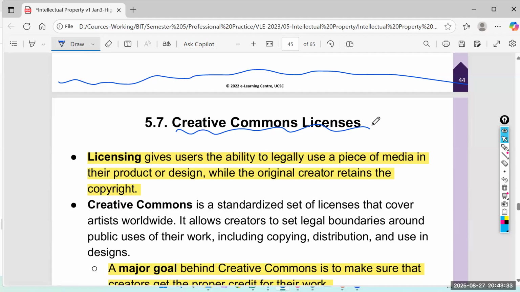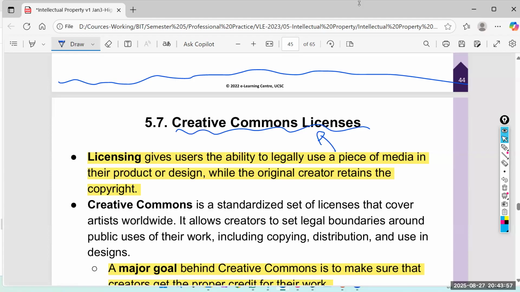And now we look at another important type of license, Creative Commons licenses. Creative Commons licenses were first introduced not for software but for online content creators like bloggers and social media personalities.